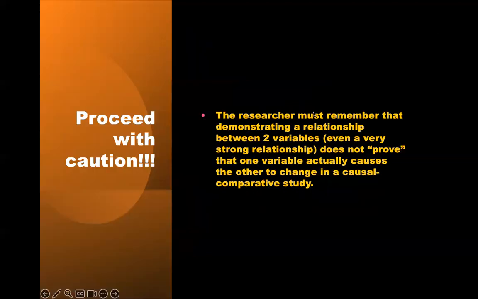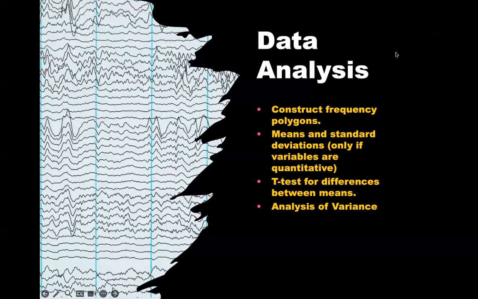But when the population doesn't follow a normal bell curve, remember, the presumption is that they follow the normal bell curve. But if the group follows a skewed design, as you can see in front of you, we do not use the t-test nor the analysis of variance.